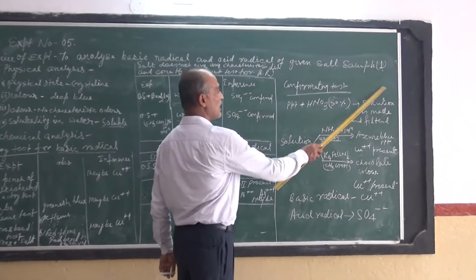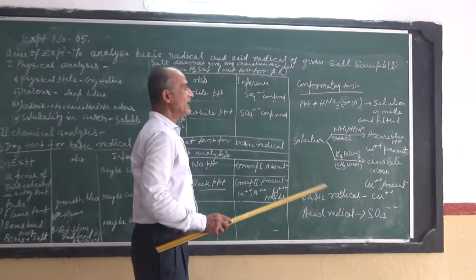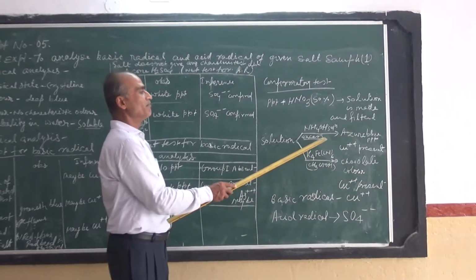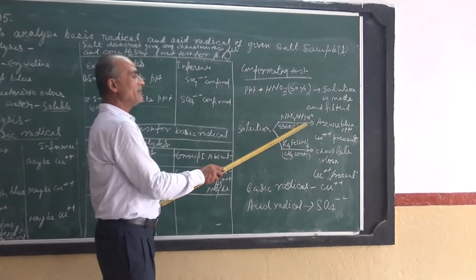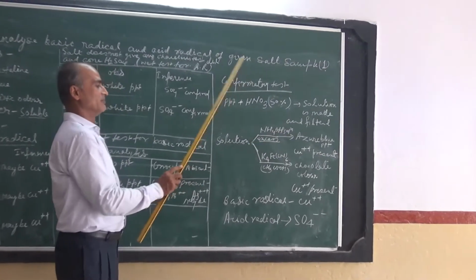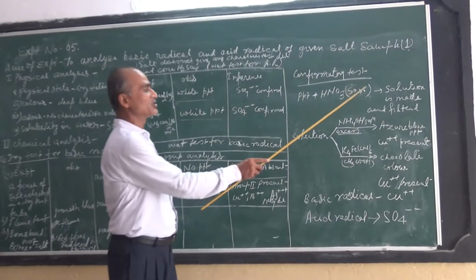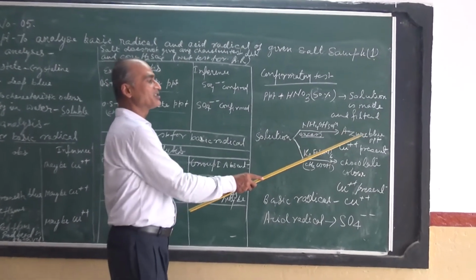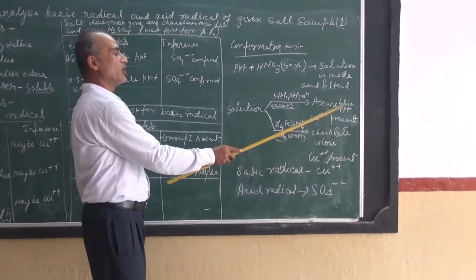This solution is divided into two parts. In the first part, we will add ammonium hydroxide solution. It turns azure blue, a deep blue color is obtained.